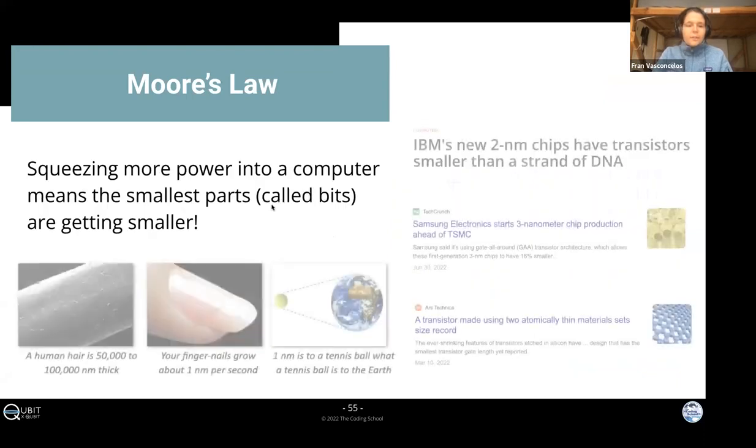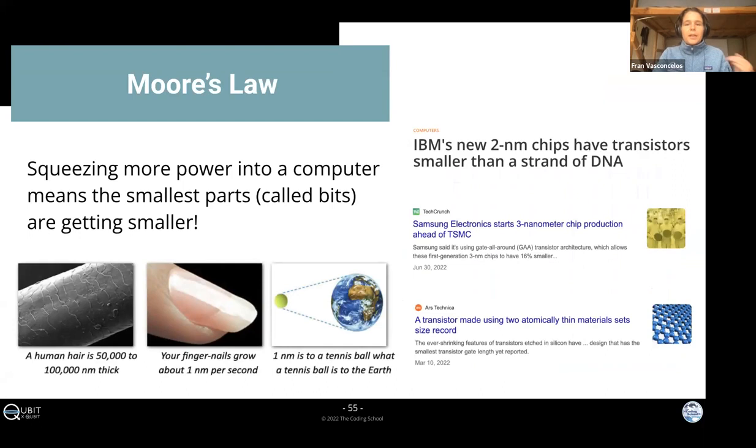The way that people have been able to make that exponential trend progress so far is by engineering the transistor itself and making it smaller and smaller as the years progress. To give you a sense of the scope, the modern transistor is around 2 nanometers in length.